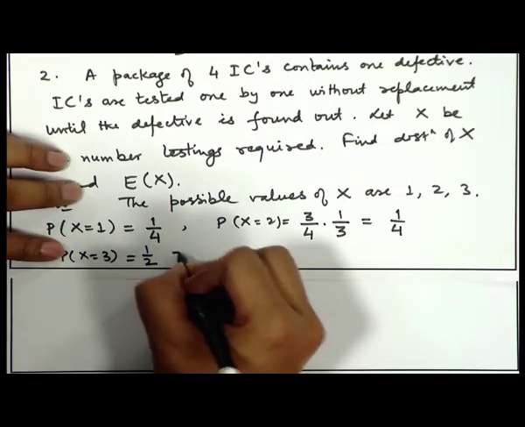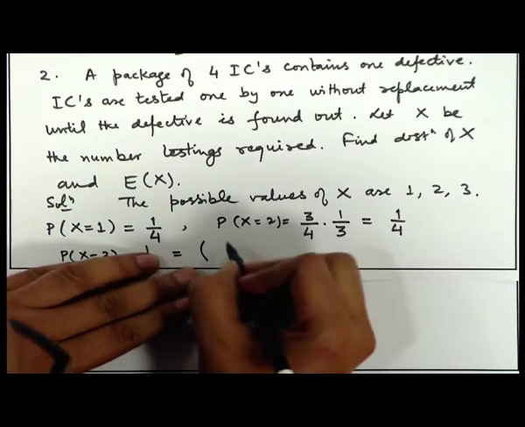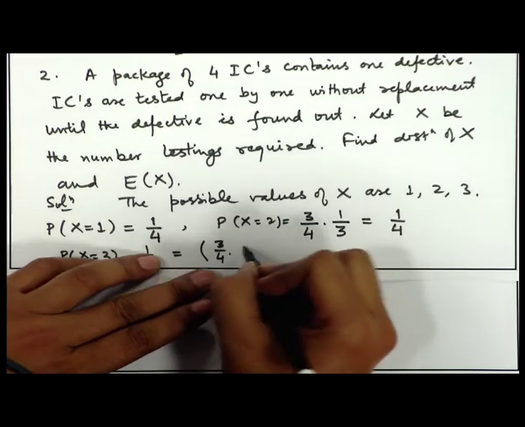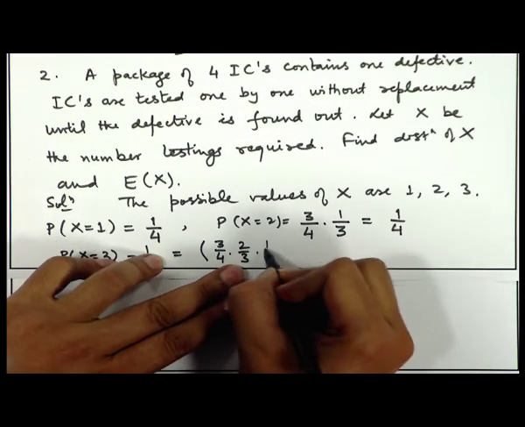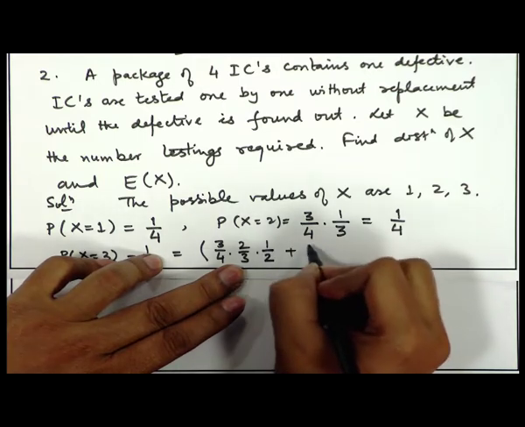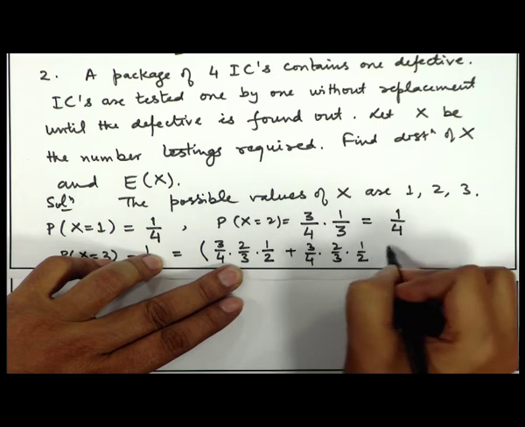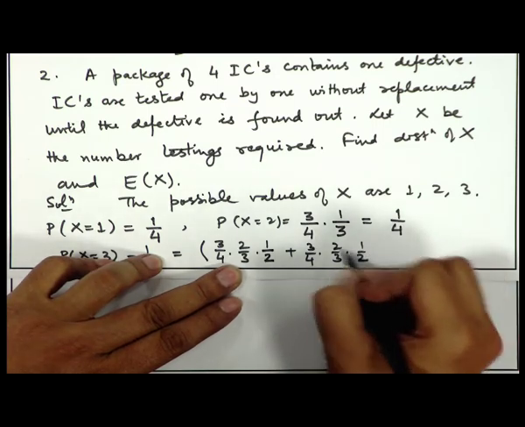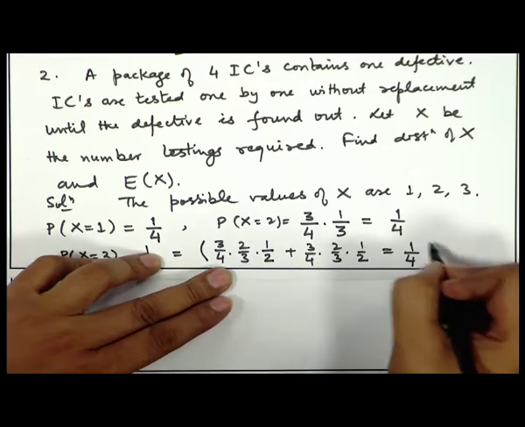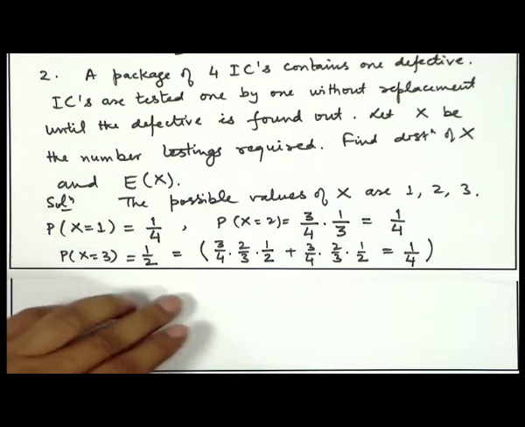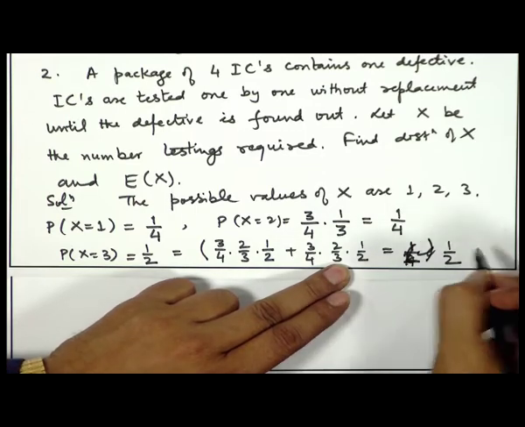However, I will show you how the logical argument can also be given. See, you can have 3 by 4, then 2 by 3, now 1 is left. So that 1 can be defective or it need not be defective. So you will have 2 cases. Now if you add these two, you are getting, sorry, 1 by 2.